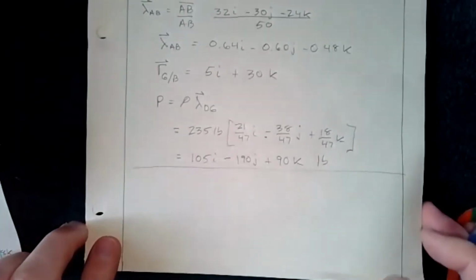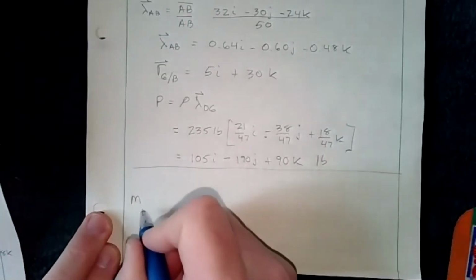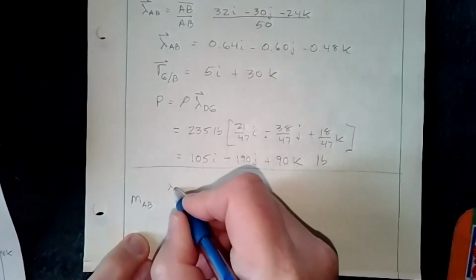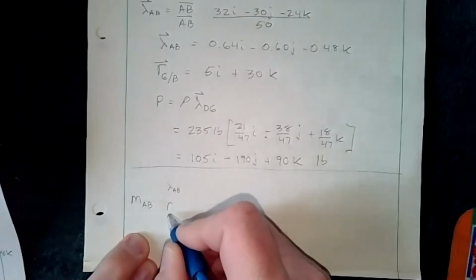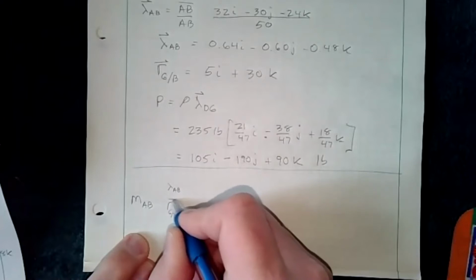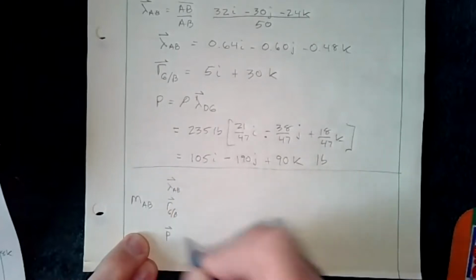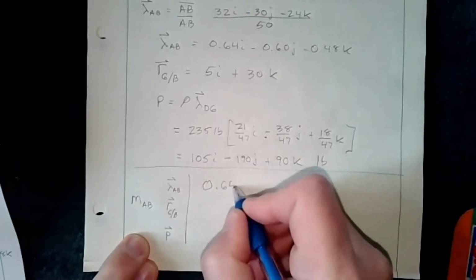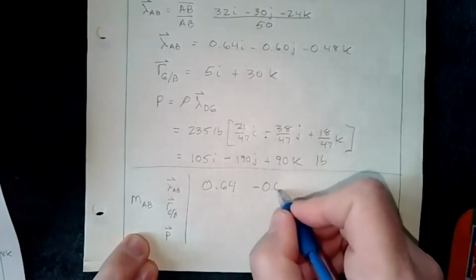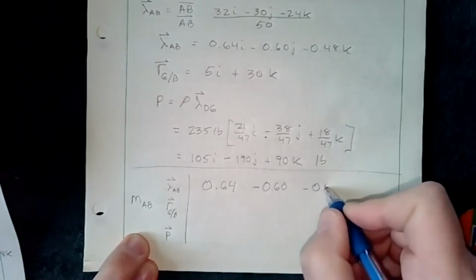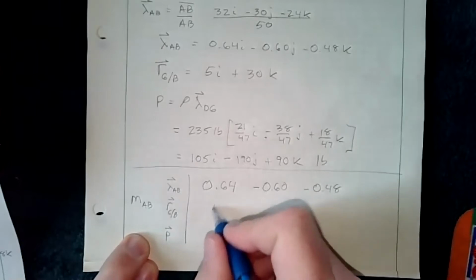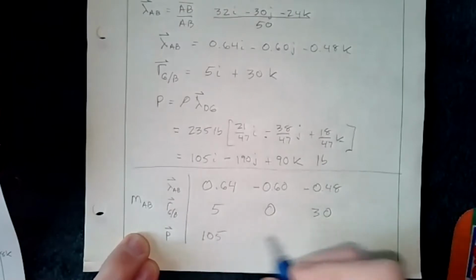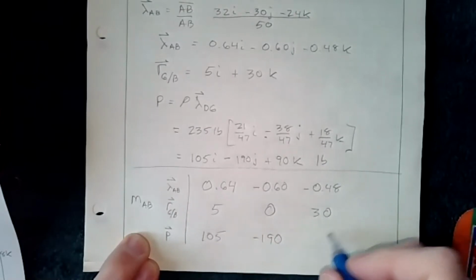Now we know that the moment then about AB, in this case, we have lambda AB, R, G relative to B, and our P, right? So we have 0.64, negative 0.6, negative 0.48, 5, 0, 30, 105, minus 190, and 90.